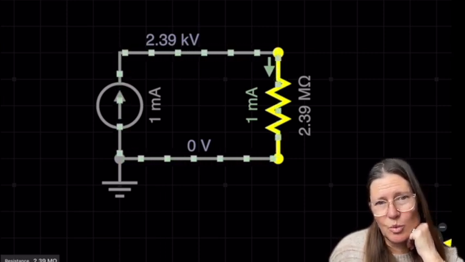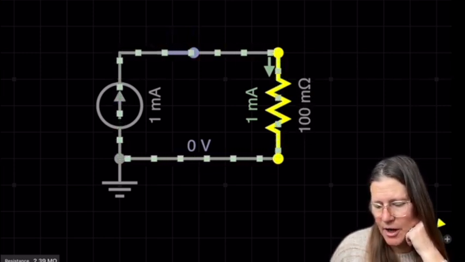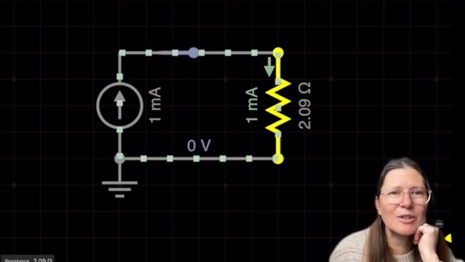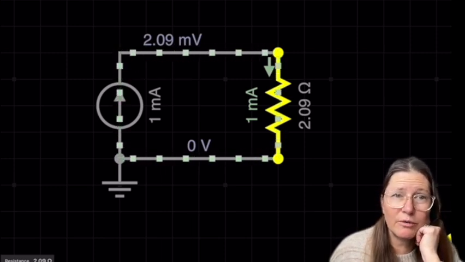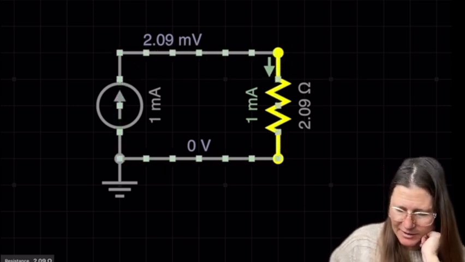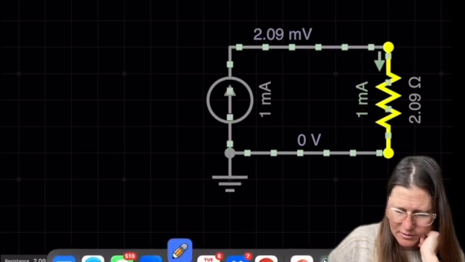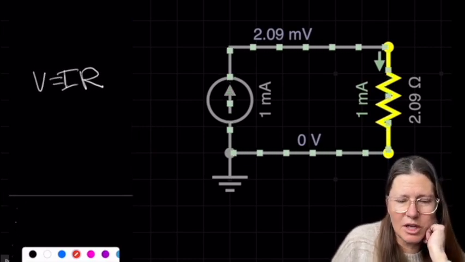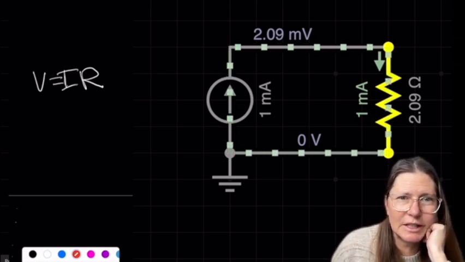At first it was a 1K, so you had a lower value, and then if I go really small, about 2 ohms, then you're going to have a small voltage that is there. A small voltage results because the resistor has changed to a small value, and this makes sense because we have V equals I times R. So if we decrease R, then our voltage is going to decrease. If we increase R, our voltage is going to increase.